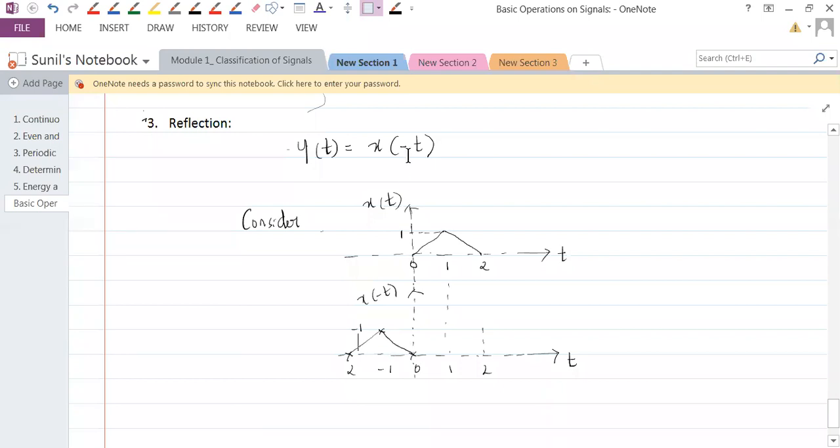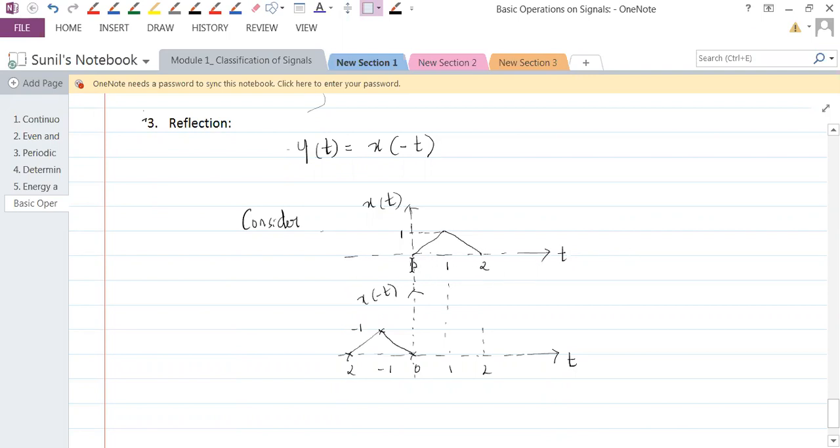So it's your mirror image. x of minus t means getting the mirror image of the signal on the other side of the y-axis.